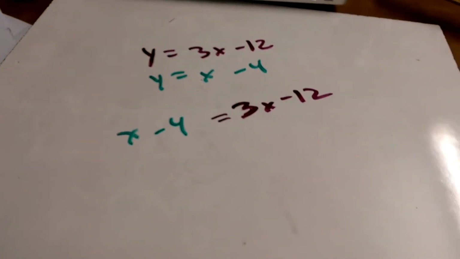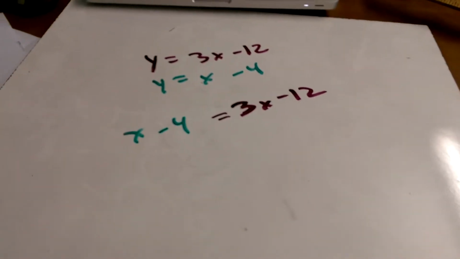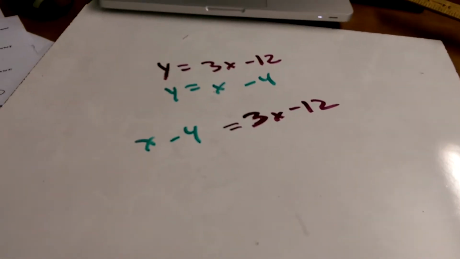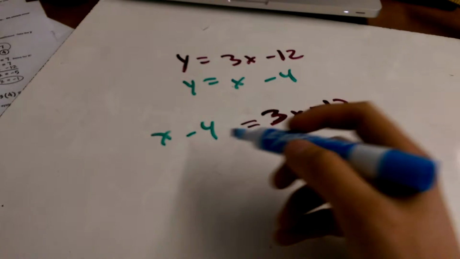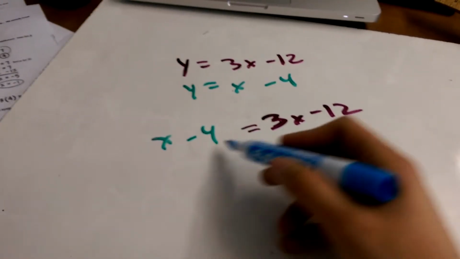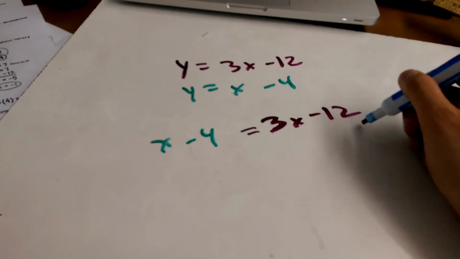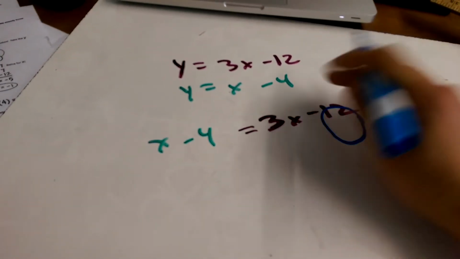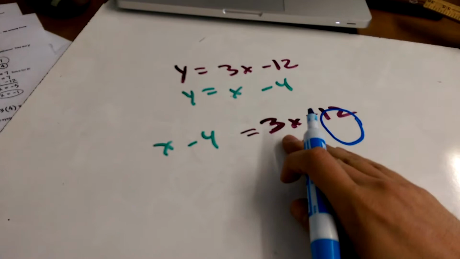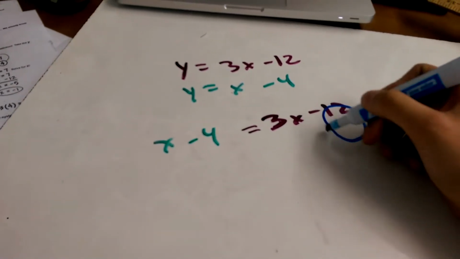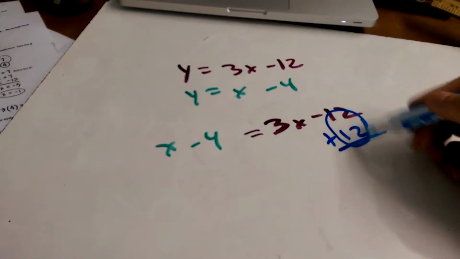Okay. So what I can do now is I can try to isolate the x, try to get the x by itself. So over here, we have x minus 4. Over here, we have 3x plus or minus 12. So if I try to make a big 0 right here, I can get rid of the 12 and I can just have the 3x. So in order to do that, I have to add 12 to this side.